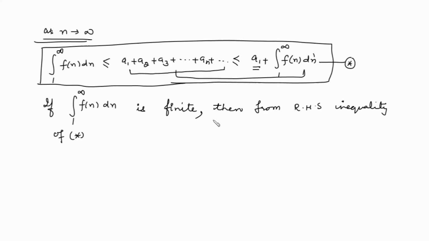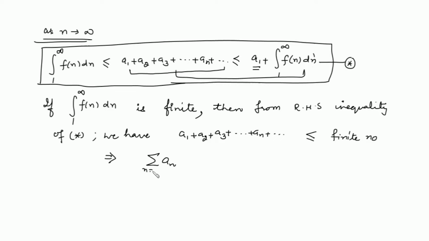So if the value of the integral is finite, then from the right hand side inequality of star, a1 plus a2 plus a3 and so on is less than or equal to some finite number, which implies that the series an is convergent.